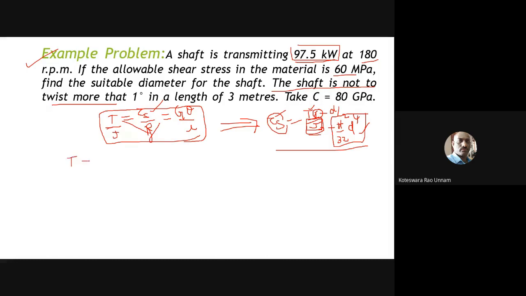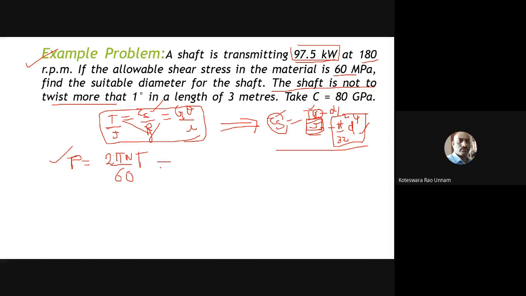T is nothing but, from the power equation, the formula for P is equal to 2 pi N T by 60. This is the expression for power transmitted by a shaft.